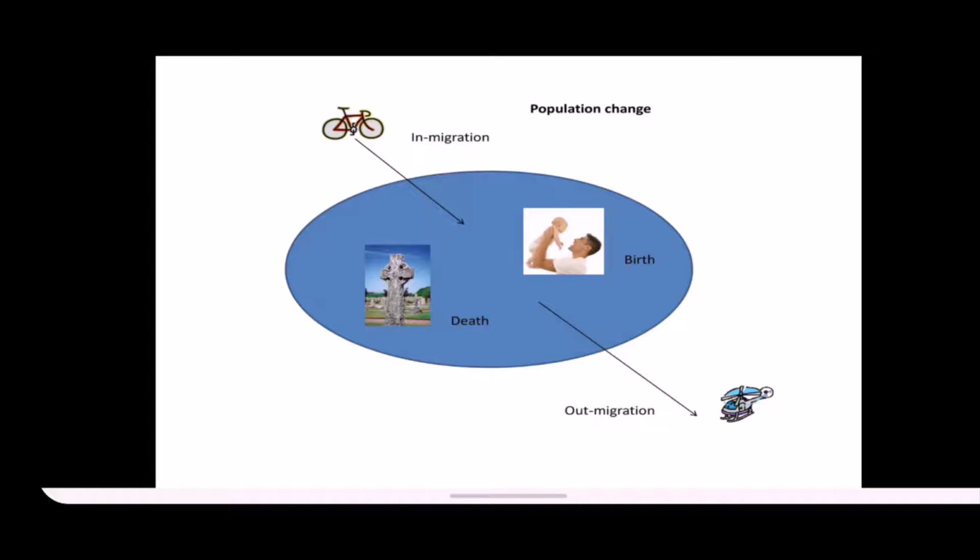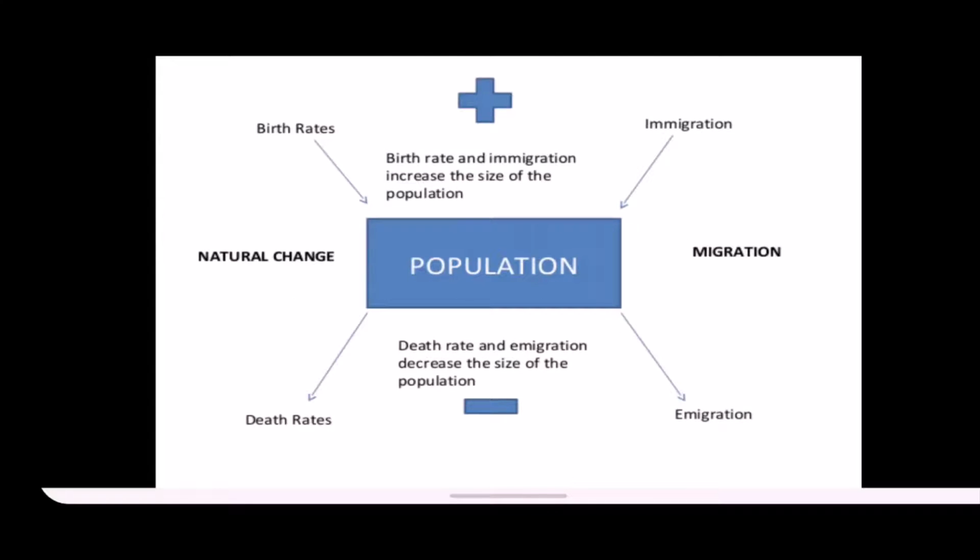In-migrants are the people who come to the place, whom we can also call immigrants entering the population, and out-migrants, or emigrants, are people who move out of the place. If the number is positive, it means the population has increased by that number. A negative number shows that it has decreased by that number.